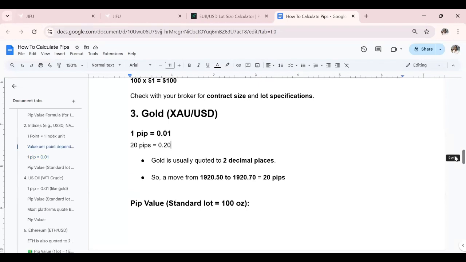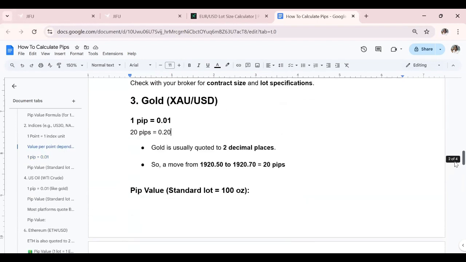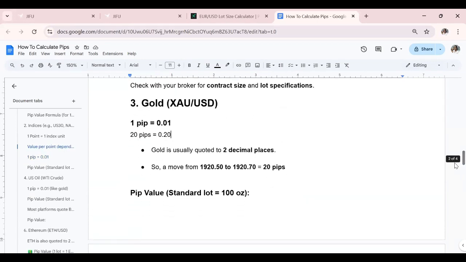So that's for gold. And then a standard lot size, to know the value, right? A standard lot size is 100 ounces of gold. So how do you know the value? The same way we calculated for currency pairs that time. How do you know the dollar value of 1 pip? It's still the same thing. 1 pip of gold is quoted as 0.01.